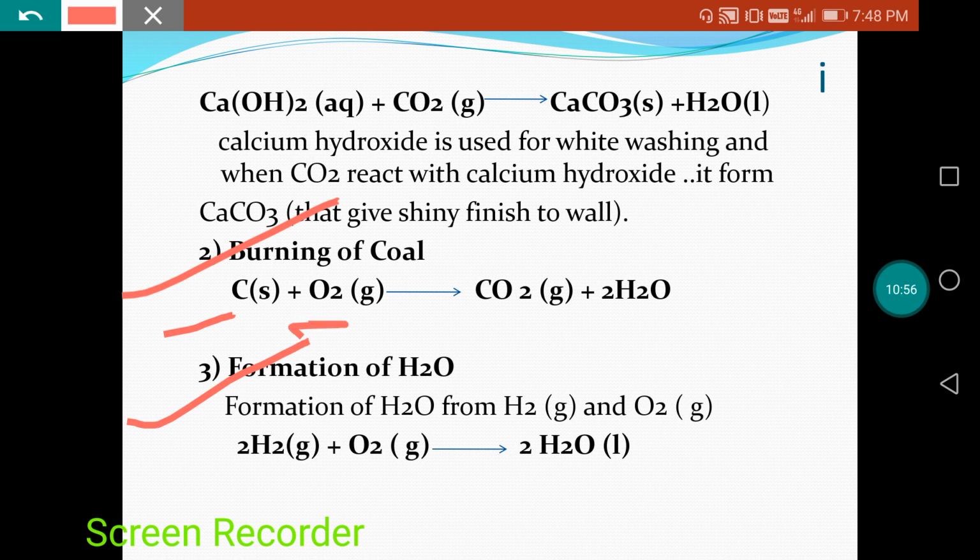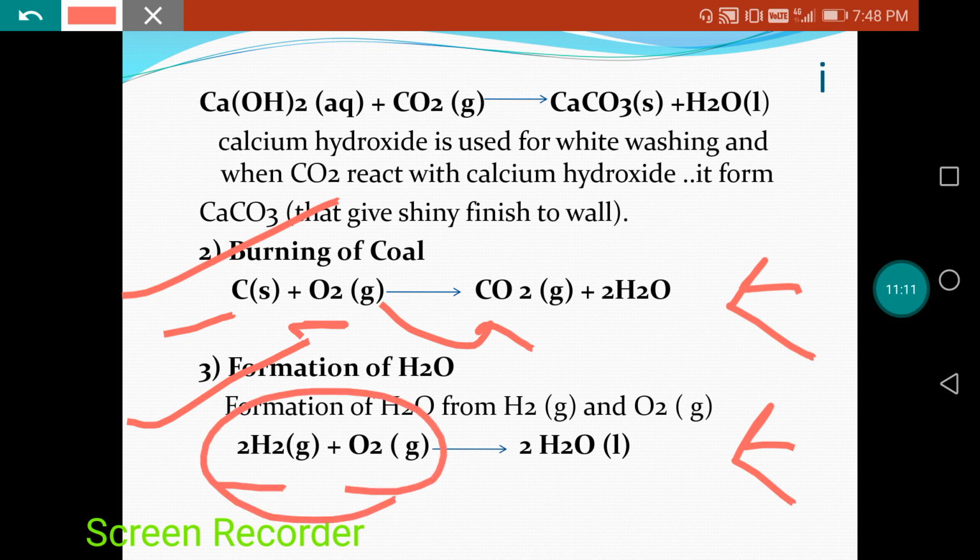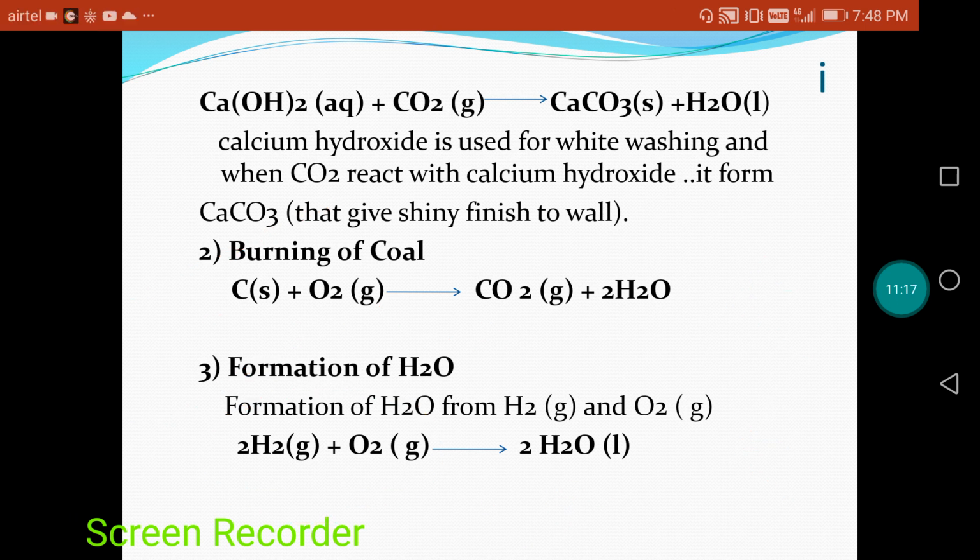Carbon reacts with oxygen and forms carbon dioxide. It is also an example of a combination reaction. Similarly, in the formation of water, hydrogen gas and oxygen react with one another and form water. It is also an example of a combination reaction.